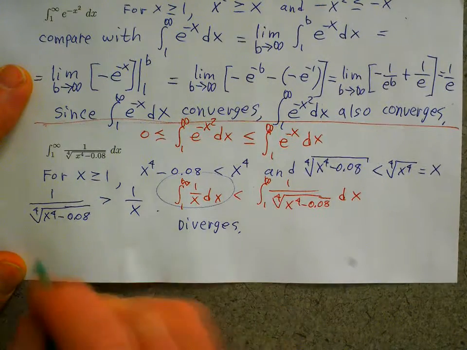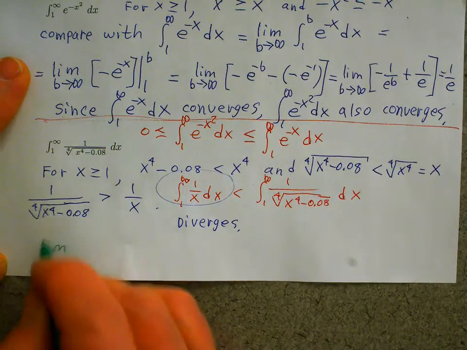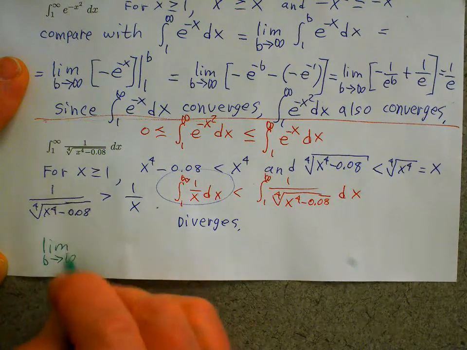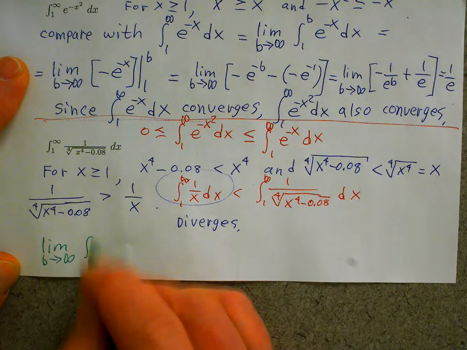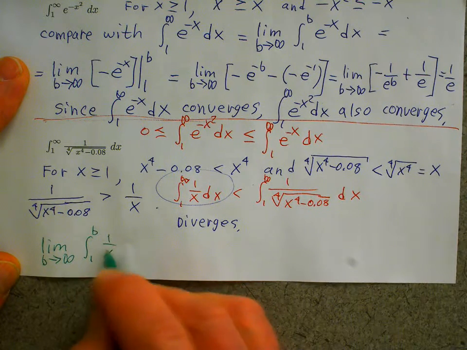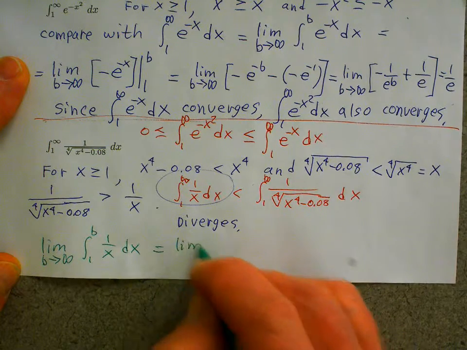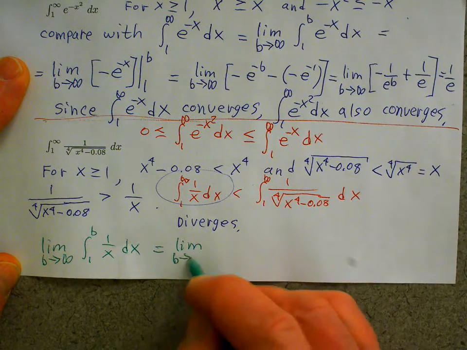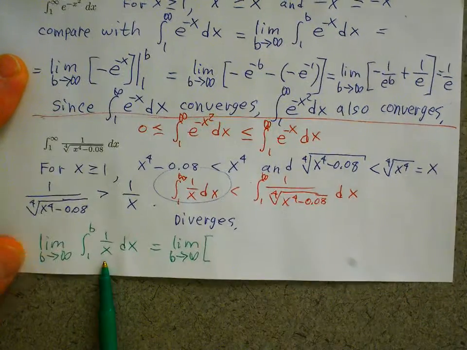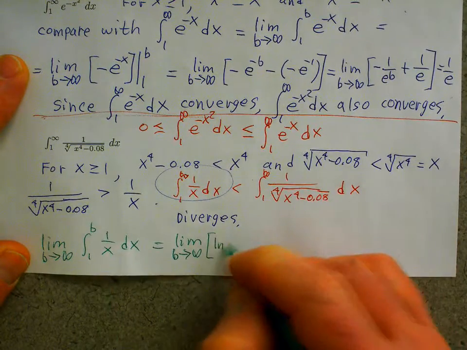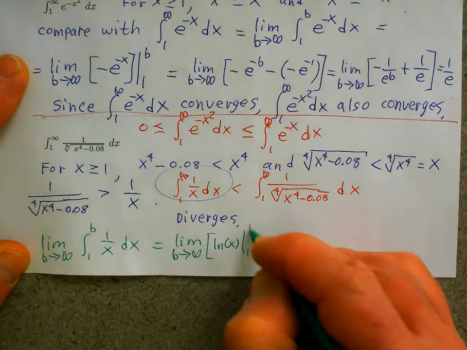So just think of that as the limit as b approaches infinity of the definite integral from 1 to b of 1 over x dx. So this doesn't take too long. An antiderivative of 1 over x is the natural log of x, and then from 1 to b.